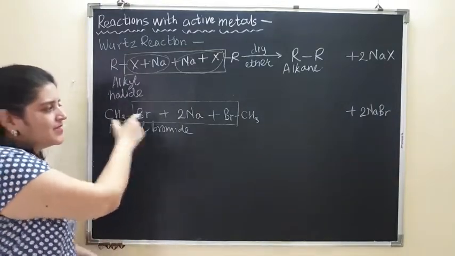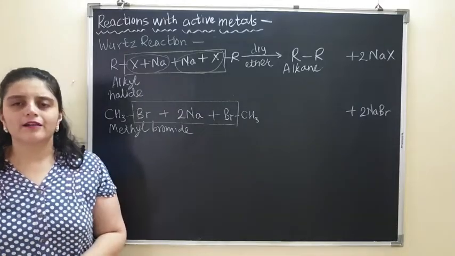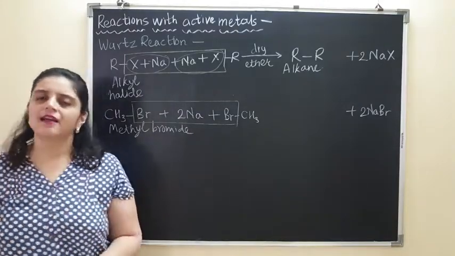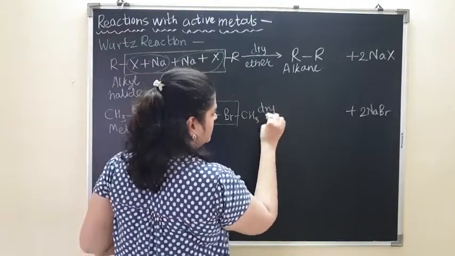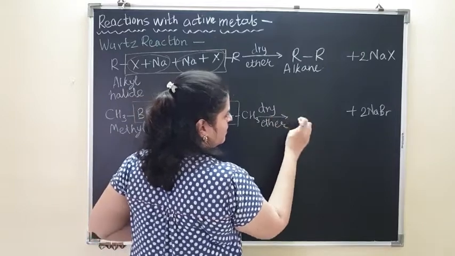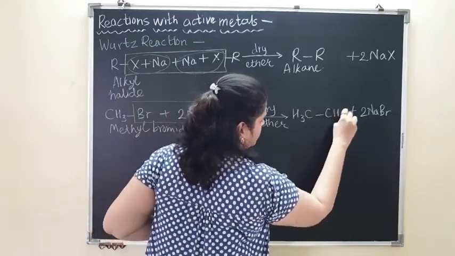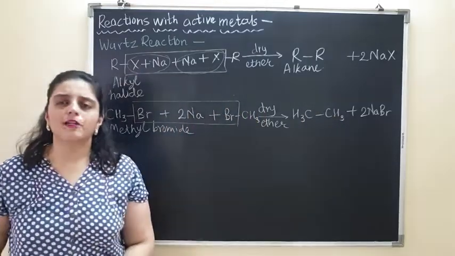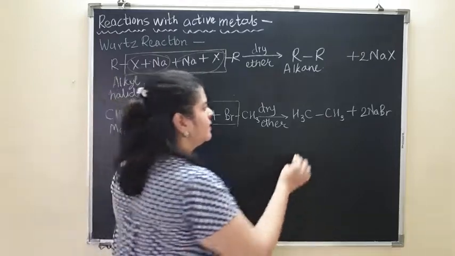Now what is left? This alkyl group CH3 and this alkyl group CH3 will join with each other to form CH3, single bond, CH3. CH3-CH3 is an alkane with 2 carbon atoms, which is nothing but ethane.